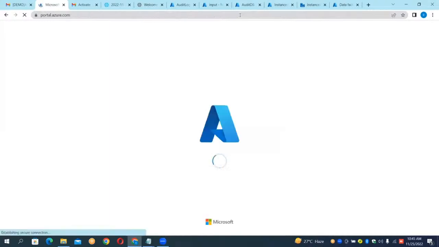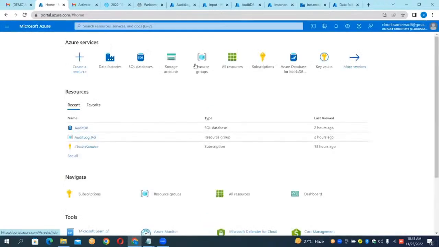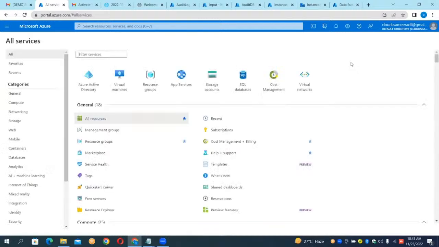Use a web page directly called portal.azure.com. So in this, can you see here? You have a storages. So for seeing the storages, guys, click on more services. Click on the more services. Click on the more services, guys.